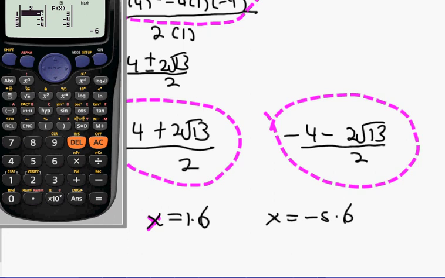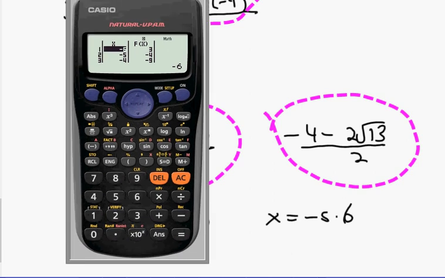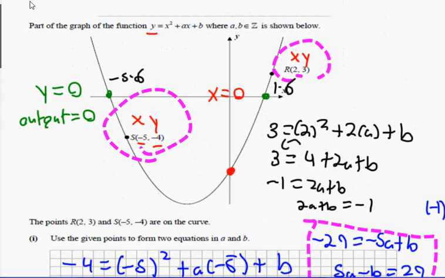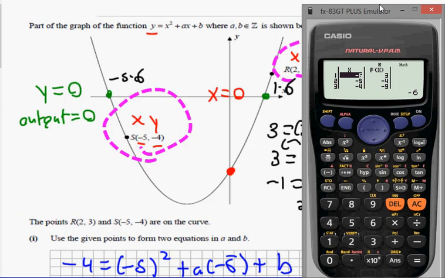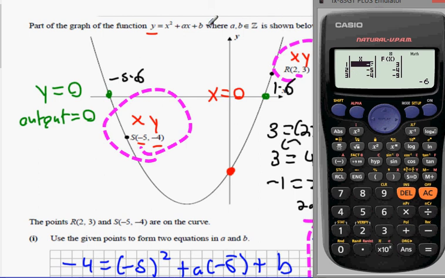Now, I want to show you something here. We're going to go back to the top, and I'm going to show you exactly what's going on here. Okay, guys. Minus 6, is that to the left or the right of 5.6? Left. Minus 6 is up here, and it's worth 3. Where's minus 5?